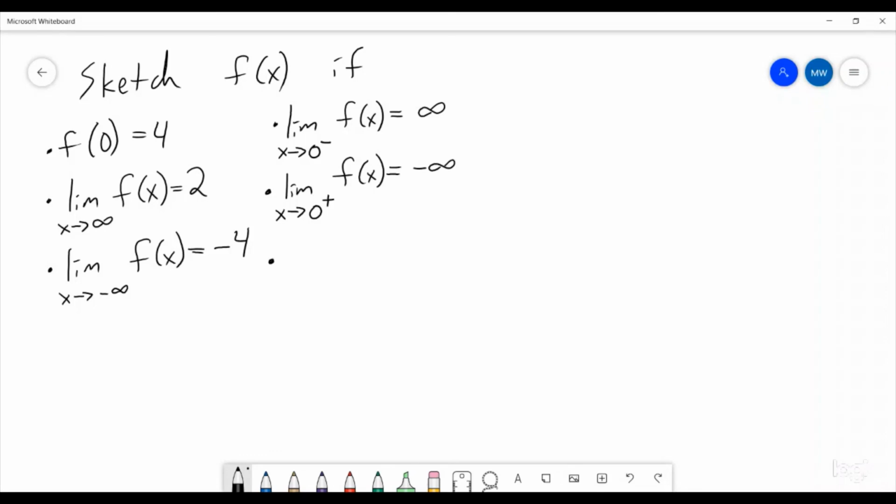And then the last one is the derivative of f is bigger than 0 on the interval from negative infinity to 0 and from 0 to positive infinity. Okay, pause the video and try and graph this function.